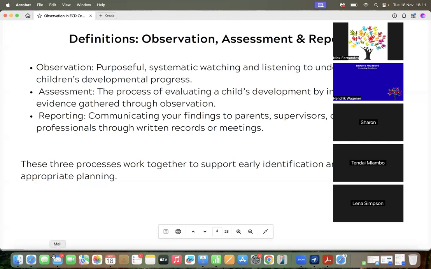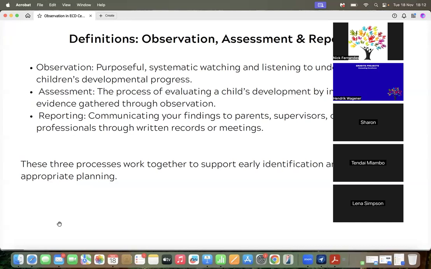Okay. Definition of observing, assessment, and reporting. So we are looking at three of our support structures that usually walk hand in hand with each other. I'm also just going to give a small quick scenario after this so you can see how to adapt and how to observe in a small quick lesson.